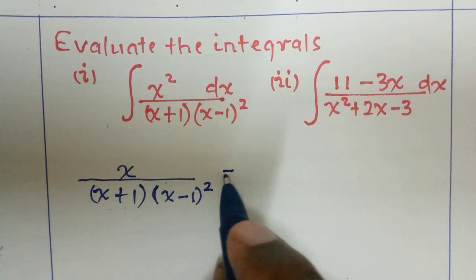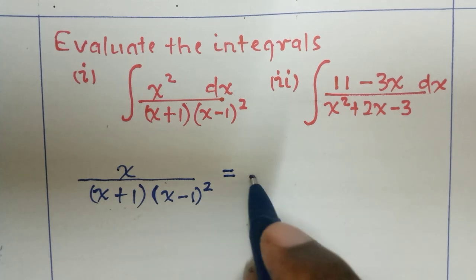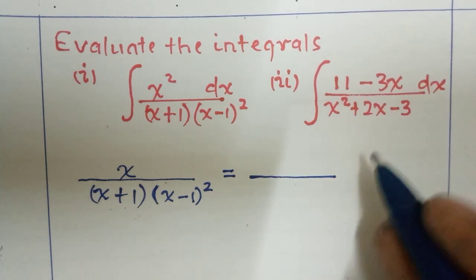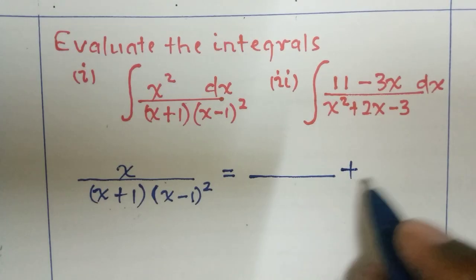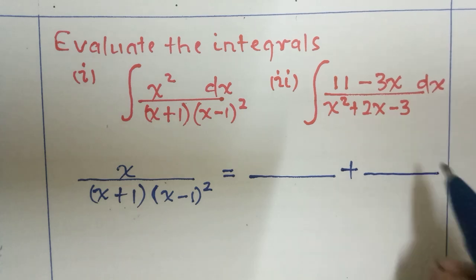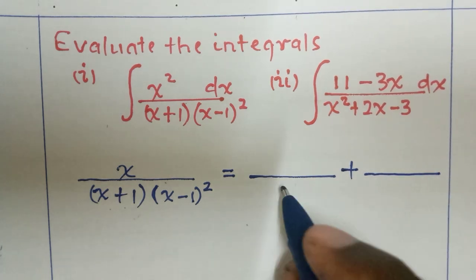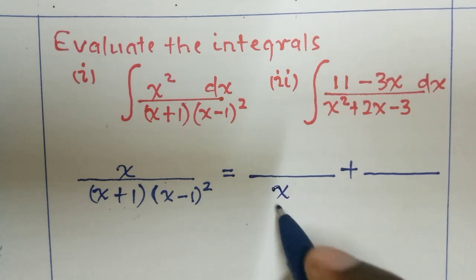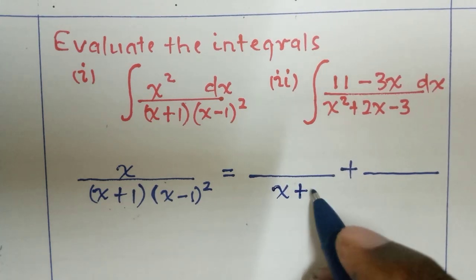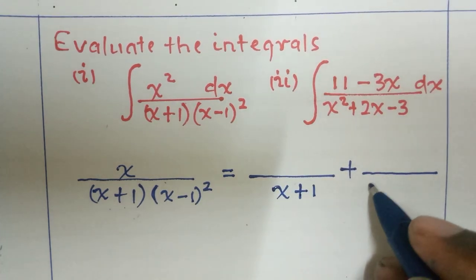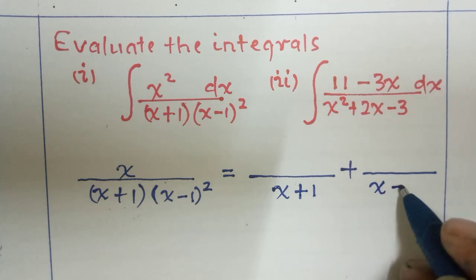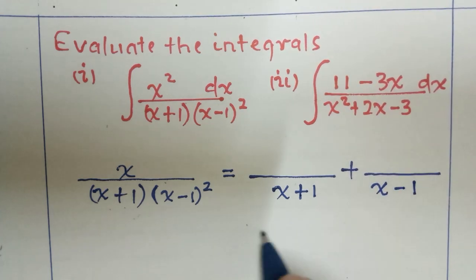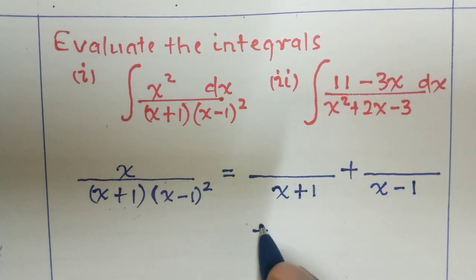I now break it up into partial fractions like that guys. And so now I'll write x plus 1 here. This other one I write x minus 1, and of course I will still have another one.